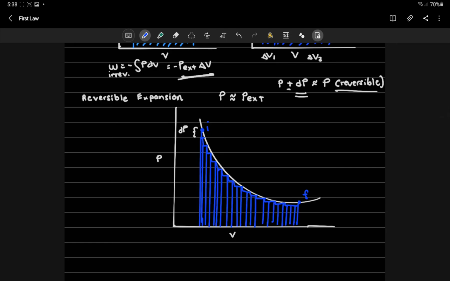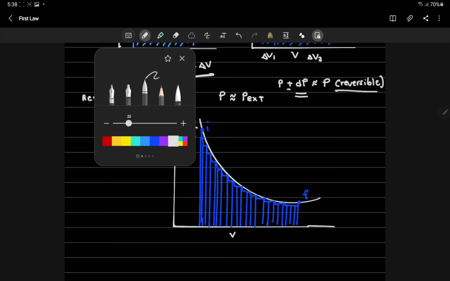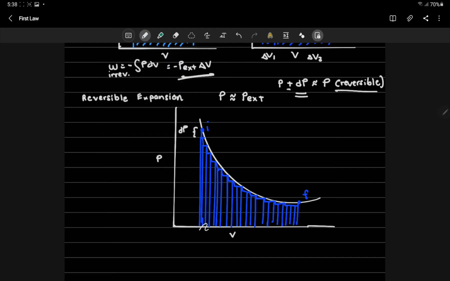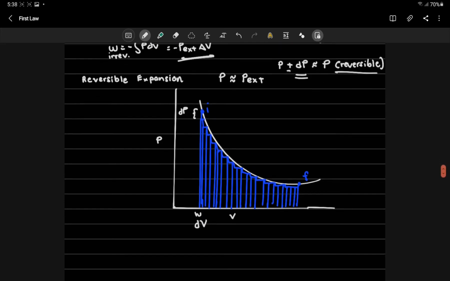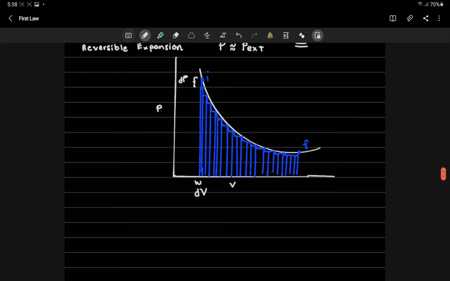The width of each rectangle here na nakikita ninyo is equal to differential V. Now, if you take the sum of all the areas of these rectangles, lahat ng iyan na nakikita ninyo, so what we are doing here is actually integrating.